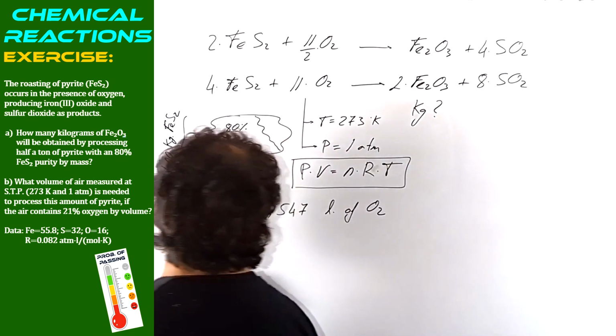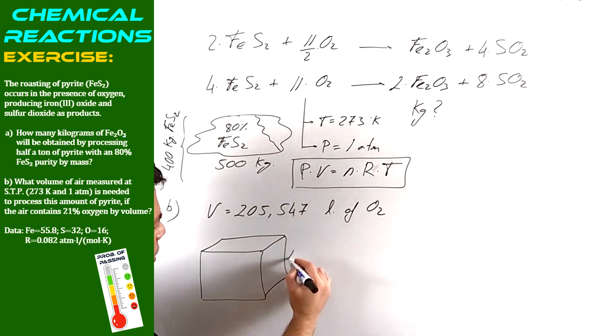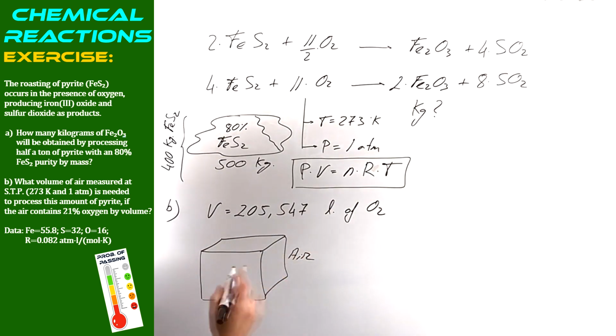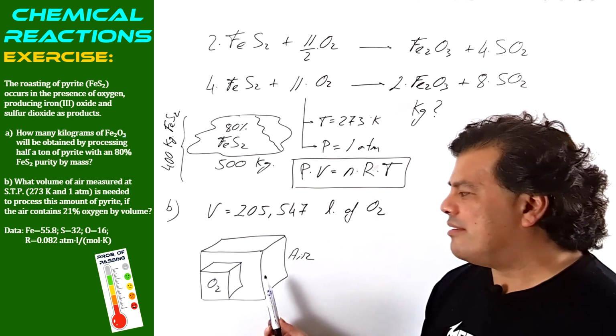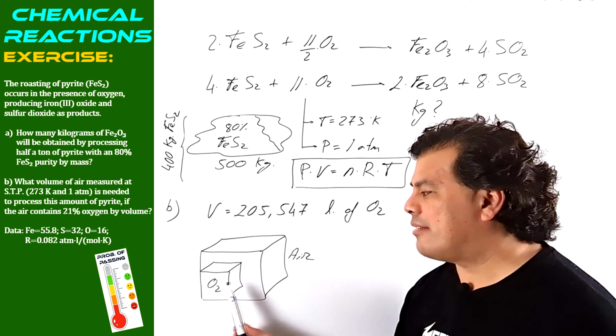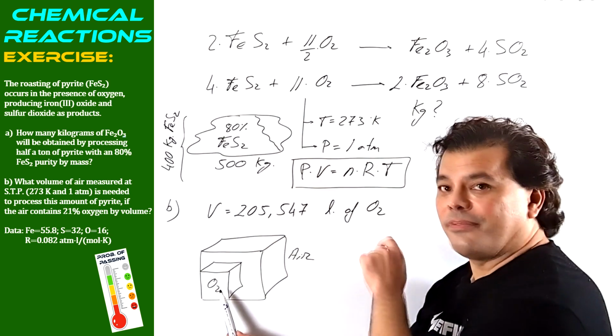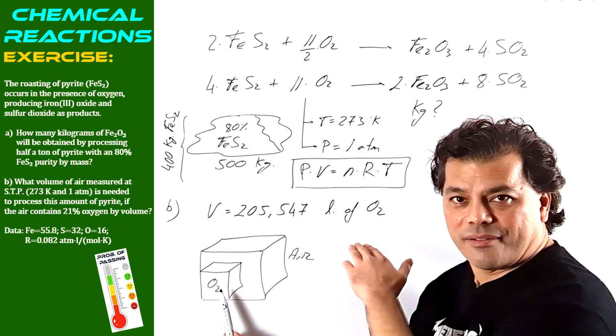Look, imagine that this is our room with air, and 21% of this room is oxygen. So, as you can see from this sketch, the volume of air must be greater than the volume of oxygen.